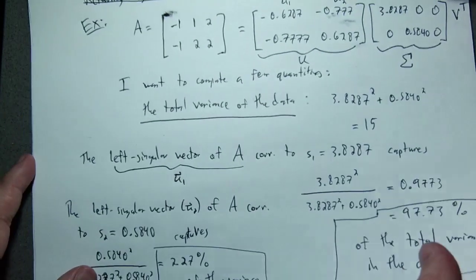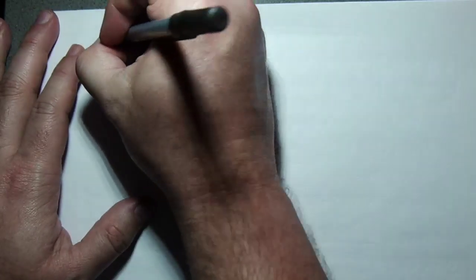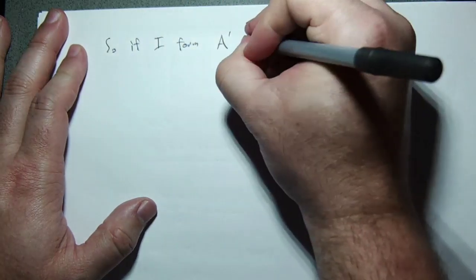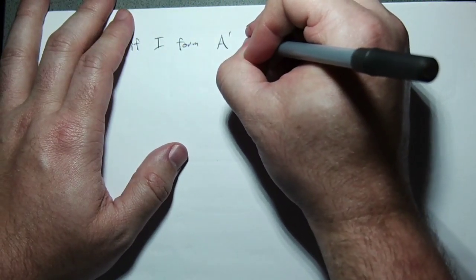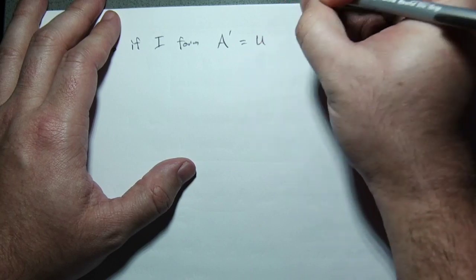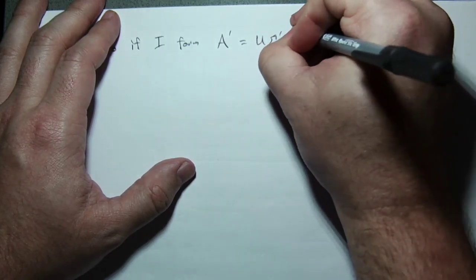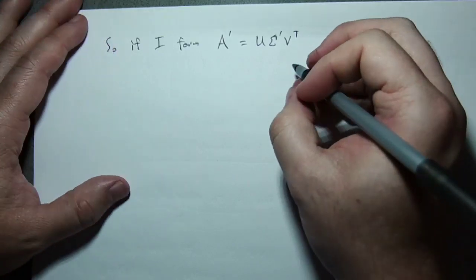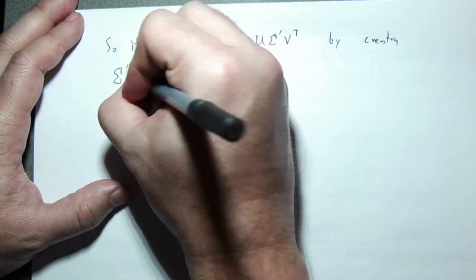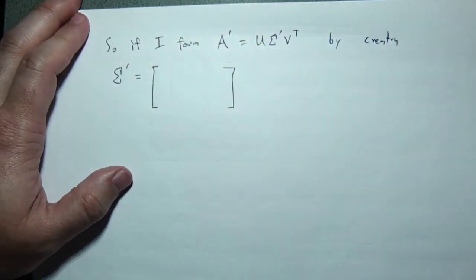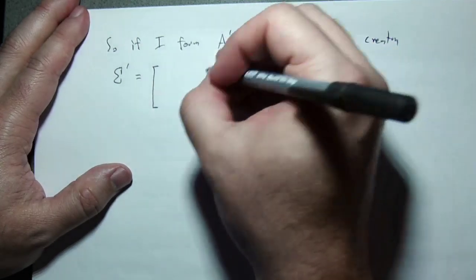So if I form A prime, which is U sigma prime V transpose, by creating sigma prime, which is going to be my matrix sigma with S sub 2 set to 0.